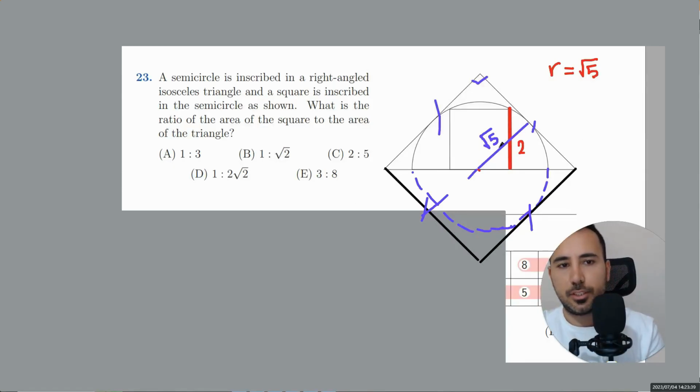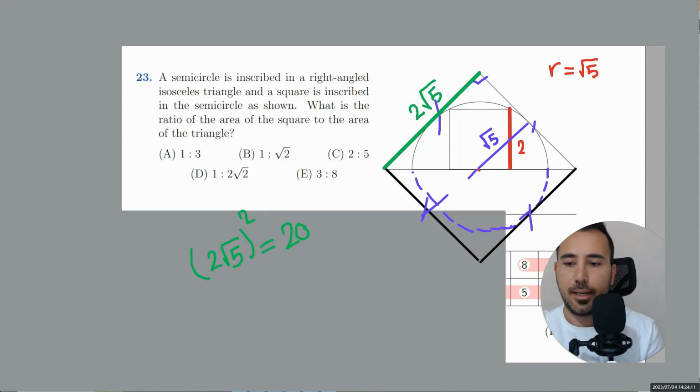So if this is a square root of 5, the side of the square here would be 2 square root of 5. Let me make this green. 2 square root of 5. So what would be the area of the square? Of course, 2 square root of 5 squared, which would be 4 times 5, 20. So the area of the square is 20. And now this triangle over here is half of 20. So this was 10.